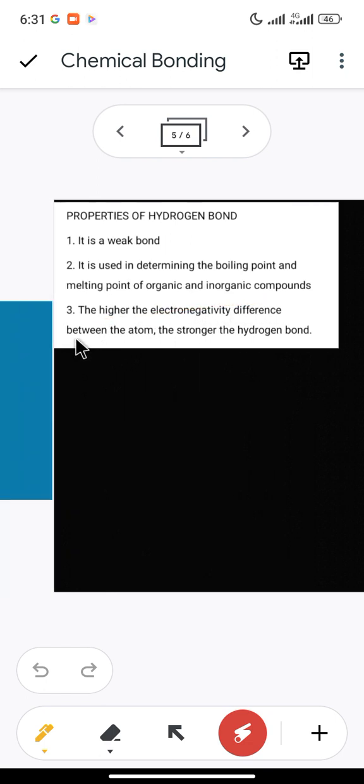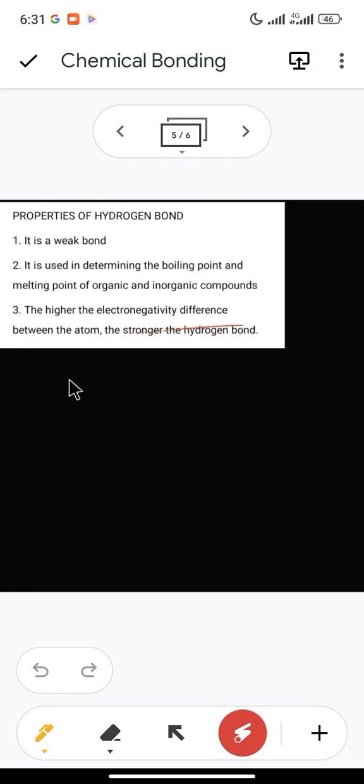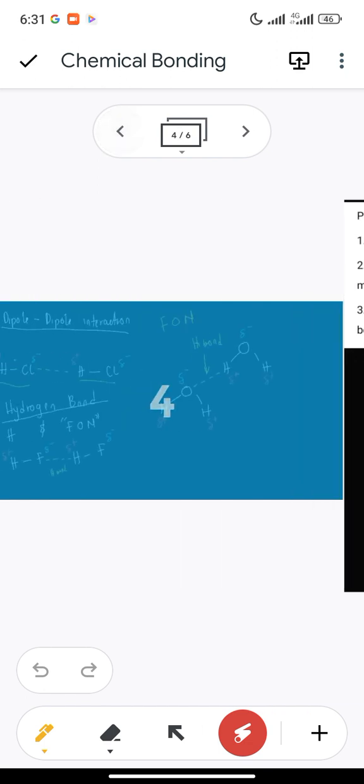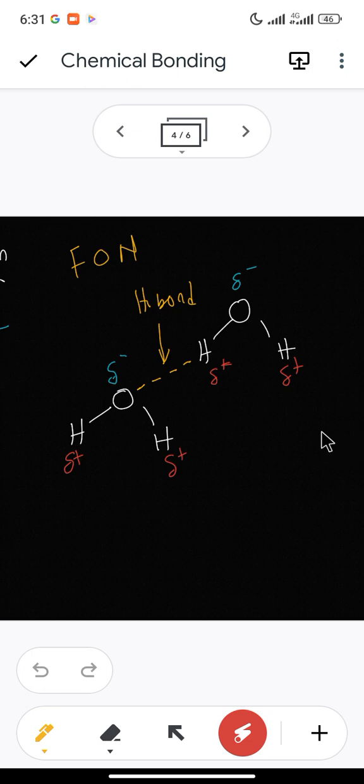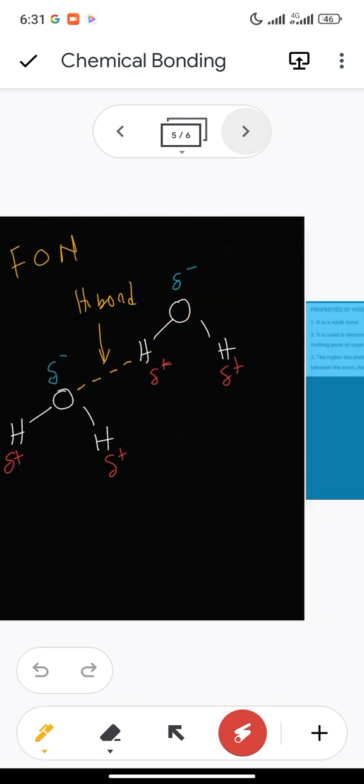Another thing to note is that the higher the electronegativity difference between the atoms, the stronger the hydrogen bond. So if there is much more electronegativity difference between this and this, or between this and this, the hydrogen bond is going to be stronger. So these are just the basic characteristics or properties of the hydrogen bond.